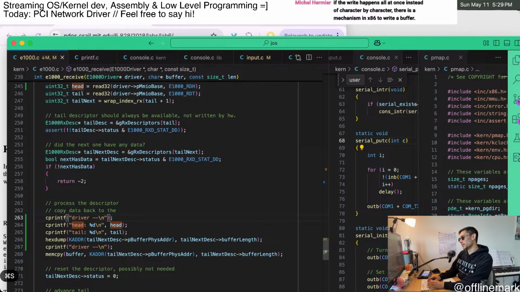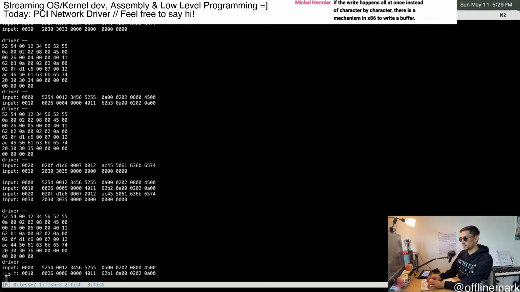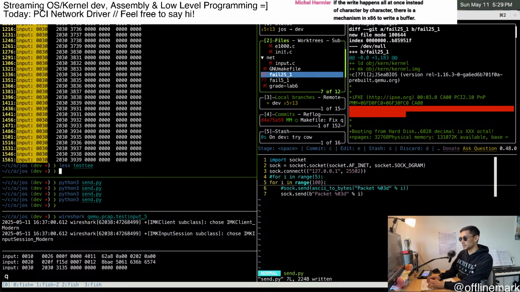Maybe there is something weird where the head or tail is getting incremented in kind of a strange way. That is the idea. I'm going to copy test t, like fail 100 one.